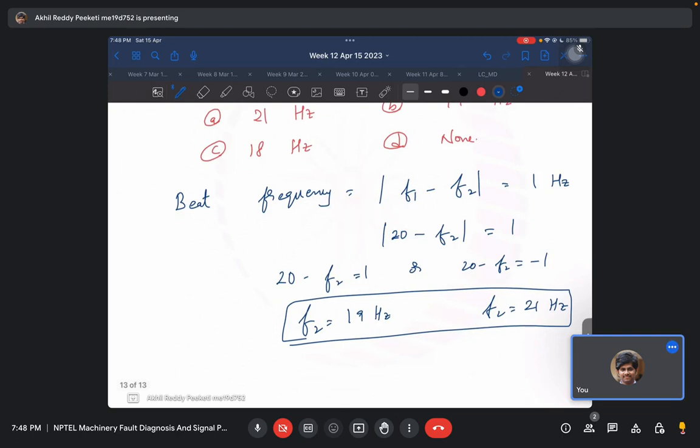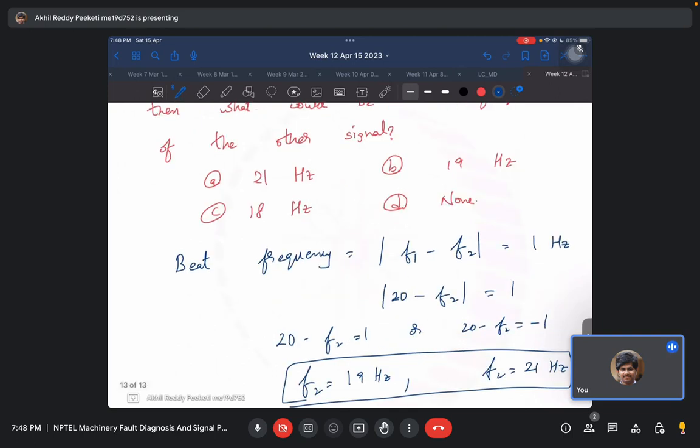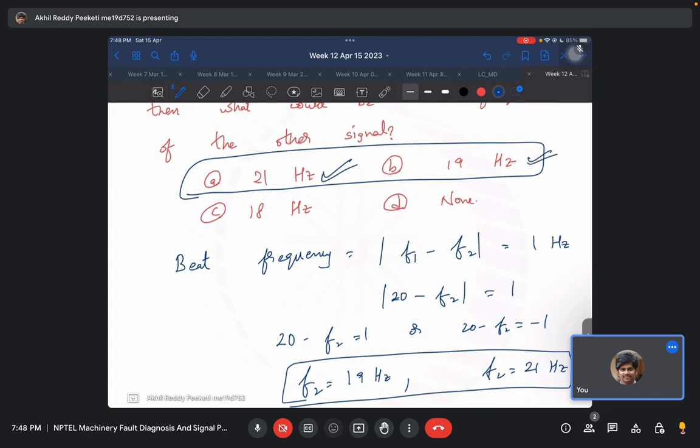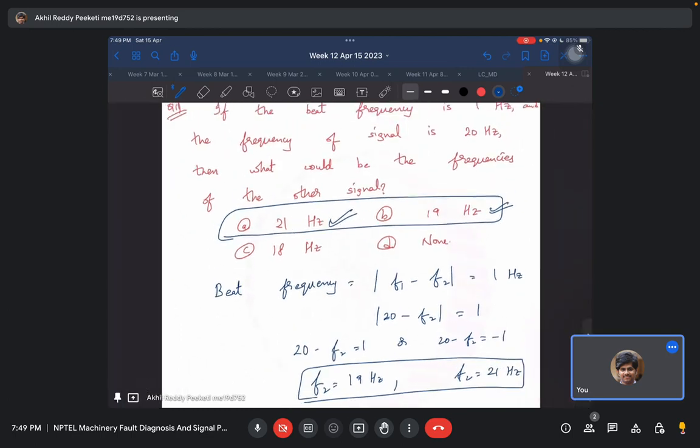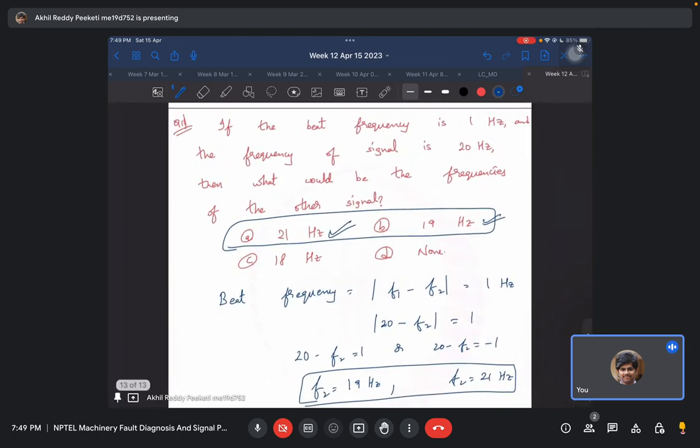Okay, so both are possible. So the answers are both A and B. So this is how you can estimate one of the frequencies if you know the beat frequency and one frequency, or if you know the two frequencies, you can estimate the beat frequency. This is one way to identify the frequency of a signal if you don't know it.